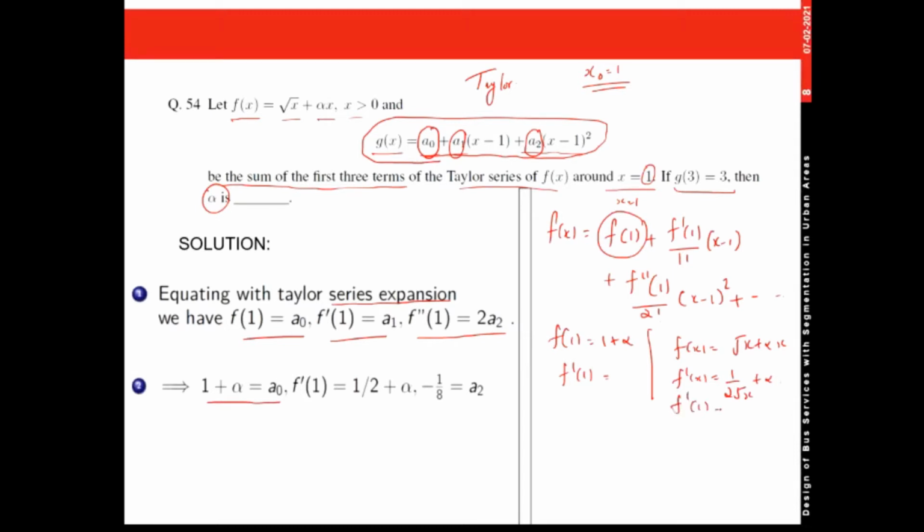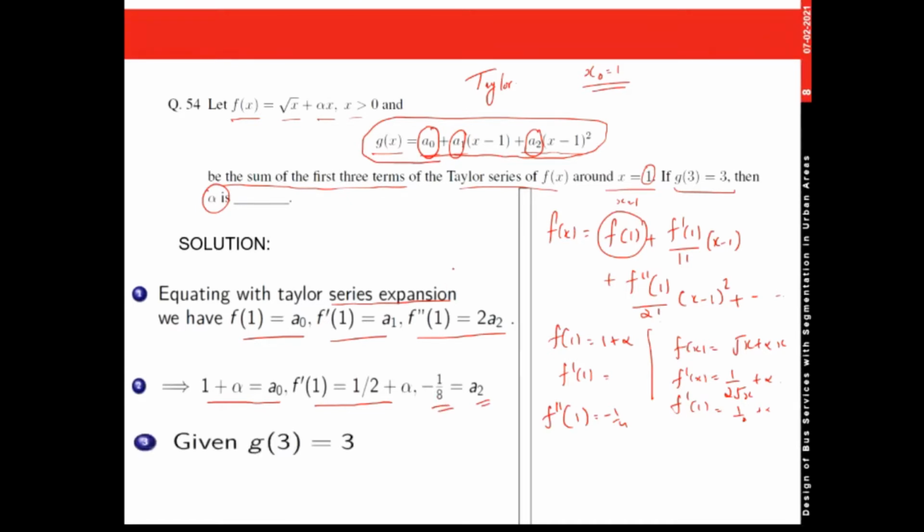Then f dash of 1 is equal to 1 by 2 plus alpha. Similarly, you will get f double dash of 1 is equal to minus 1 by 4. So a2 is equal to minus 1 by 8. This you can easily find.